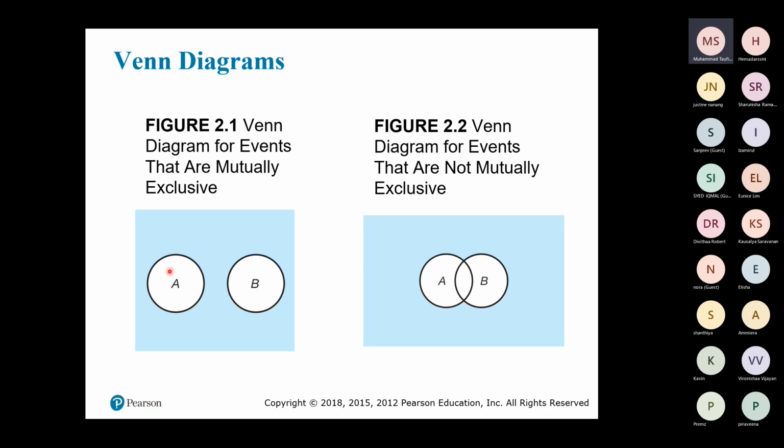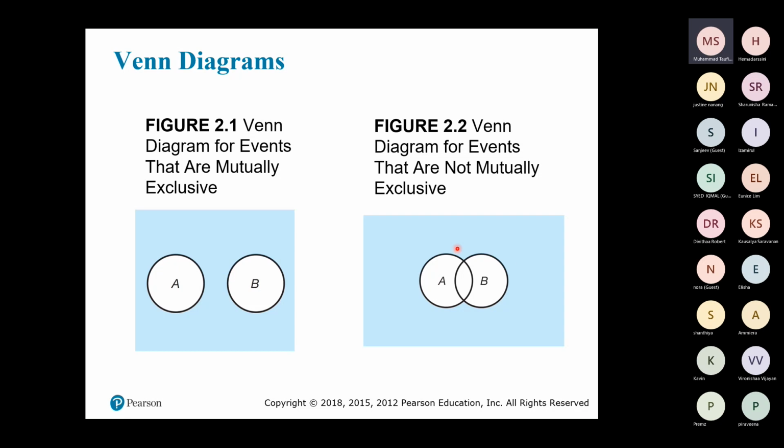For example, A and B here, like a coin toss. You can either get a head or you can get a tail, and they do not influence each other. This is what we call a mutually exclusive event.